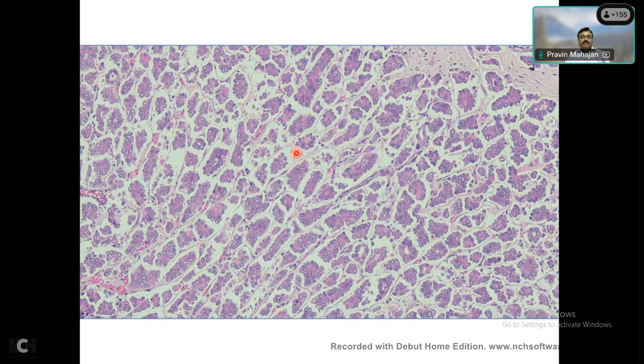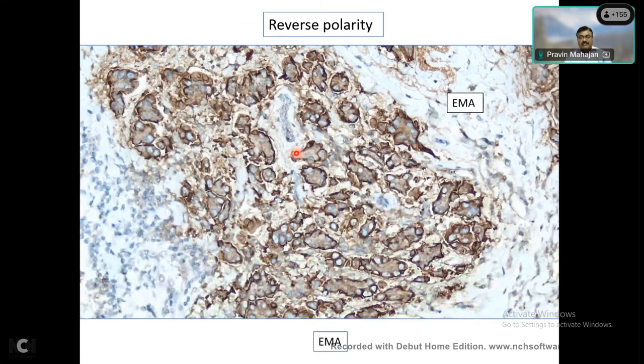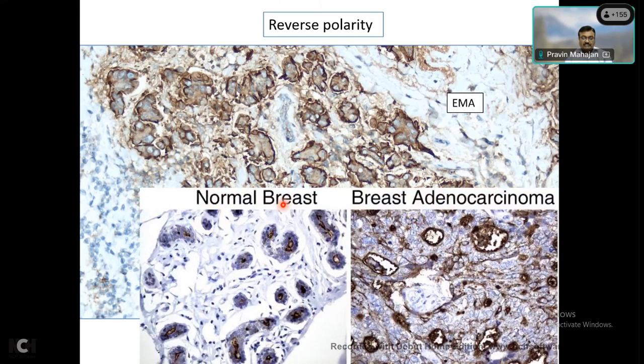If you have a doubt whether there is reverse polarity or whether it is actually this type of carcinoma or not, one can resort to a commonly available stain, which is EMA. EMA will show marking of the apical side of the cells, which is towards the stroma. All these clusters have strong apical staining, which otherwise, in a normal breast, is towards the luminal side.